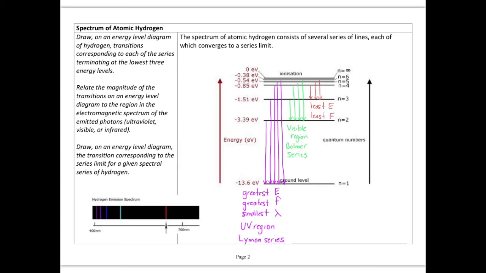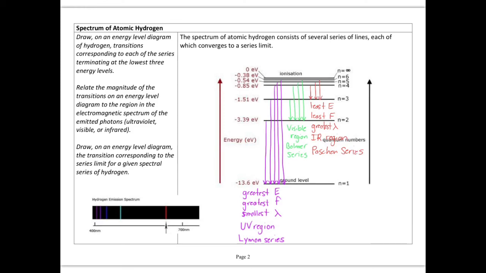Therefore, they will have the greatest wavelength, and these will be in the infrared region of the spectrum, and they are known as the Paschen series.